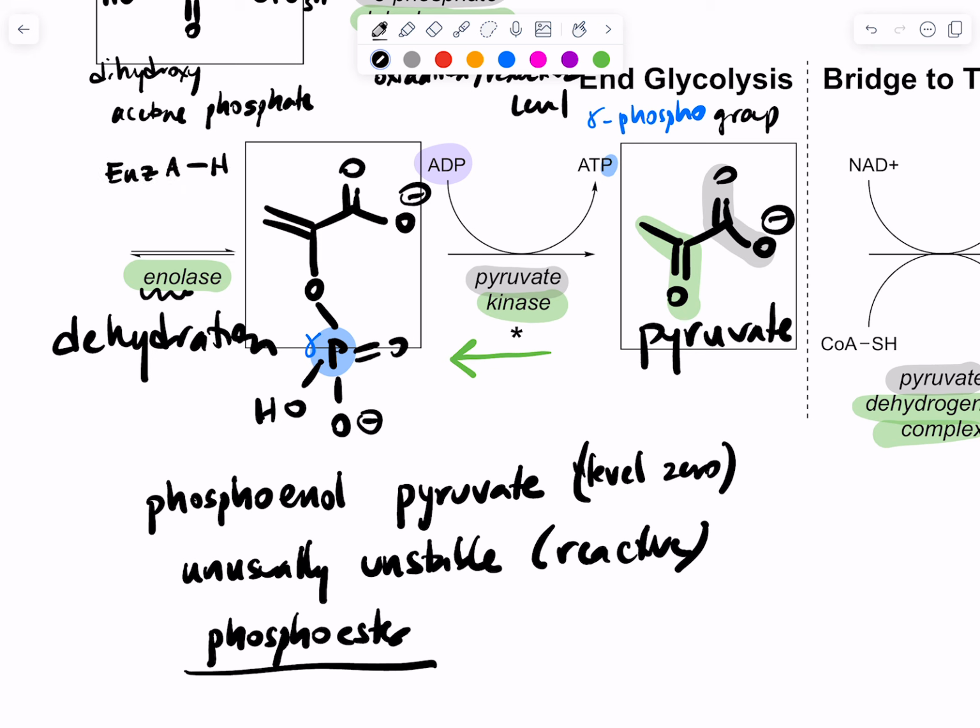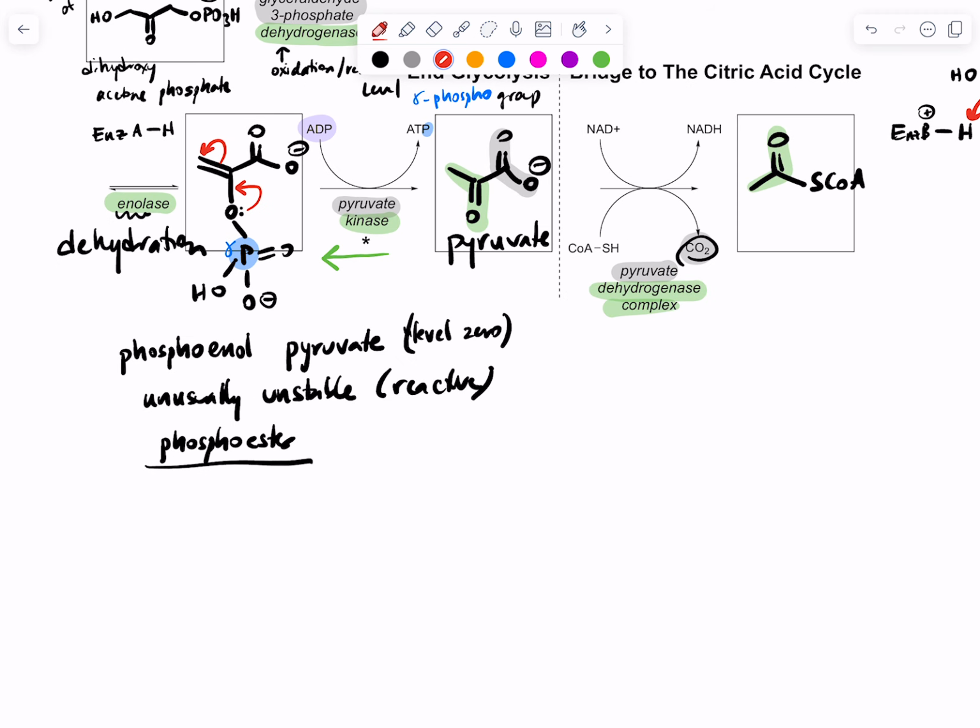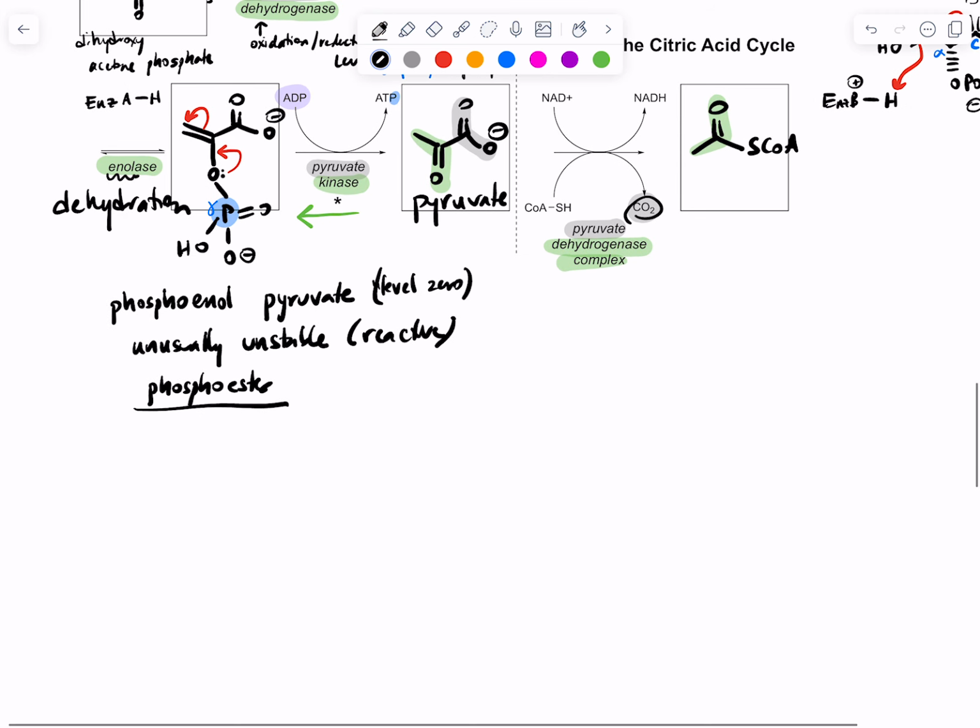I would draw it this way. You can condense it, but I would draw it this way. The following arrows show you how you can draw a resonance structure of phosphoenolpyruvate that looks like this.